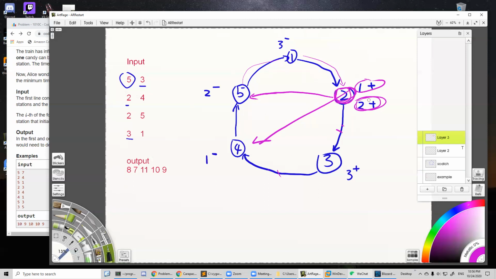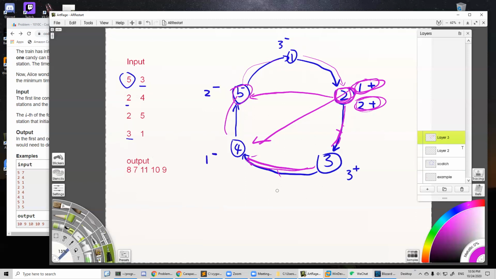But for the last candy we pick, we don't need to go the full circle. We only need to cover the distance that candy has. So if we pick up candy number one last, we only need to cover two distance. But if we pick up candy number two last, we need to go all the way up to here. So that's not optimal.